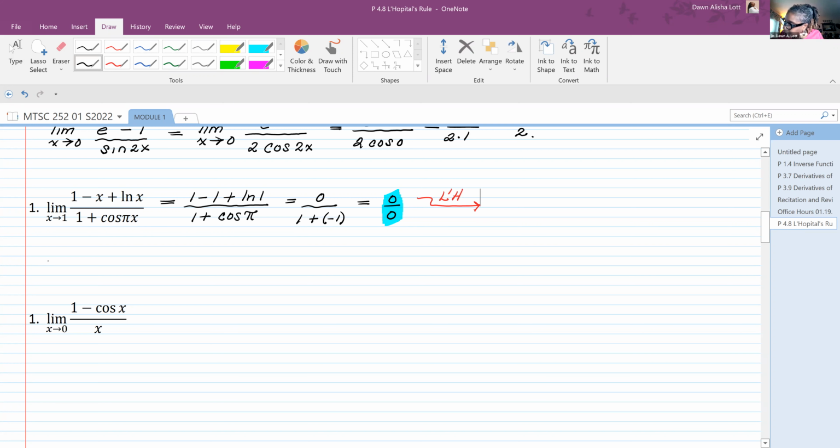So now I get that the limit as x approaches 1 of 1 minus x plus the natural log of x divided by 1 plus the cosine of pi times x. I have to take the derivative of that thing.